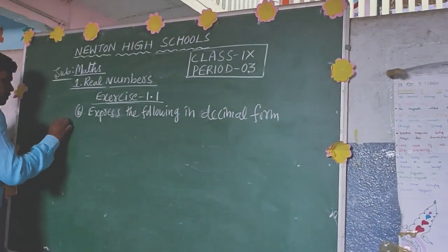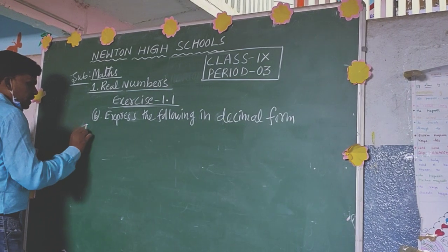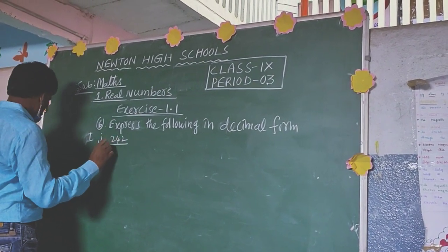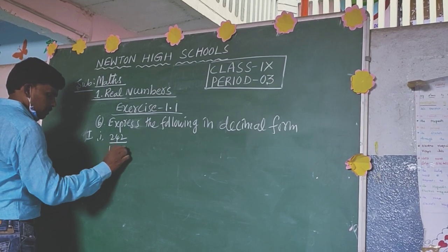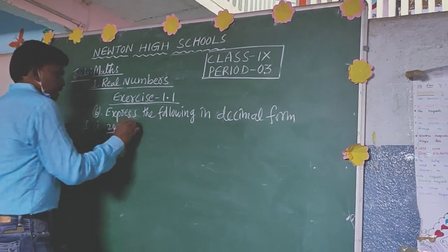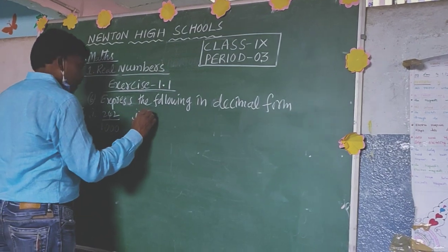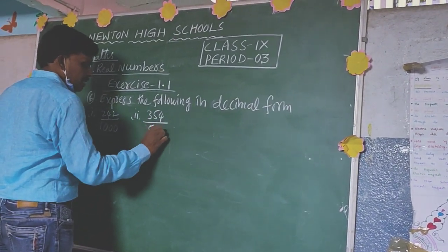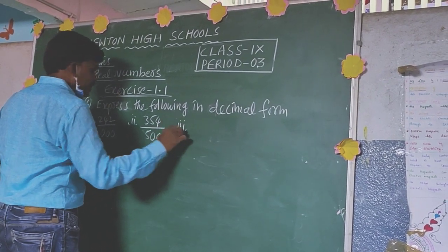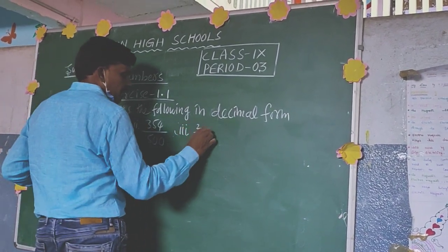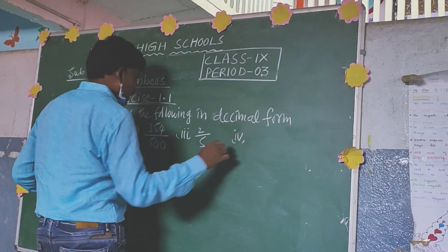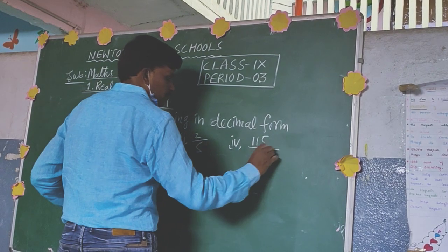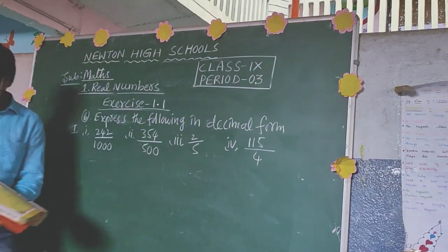First one is 242 by 1000. Second one, 354 by 500. Third one is 2 by 5. And the fourth one is 115 by 4. Okay, this is in a simple way.